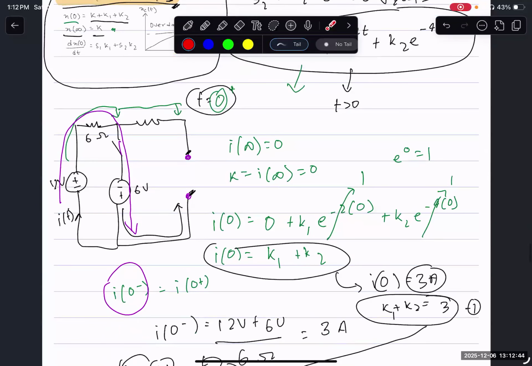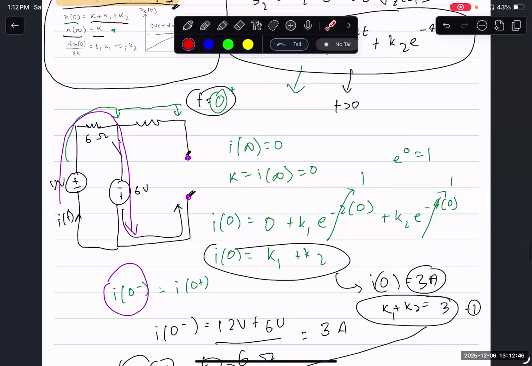And remember, for these circuits, current doesn't change instantaneously because there was an inductor. And considering that we have both the capacitor and the inductor, neither the current nor the voltage for this case would change instantaneously.